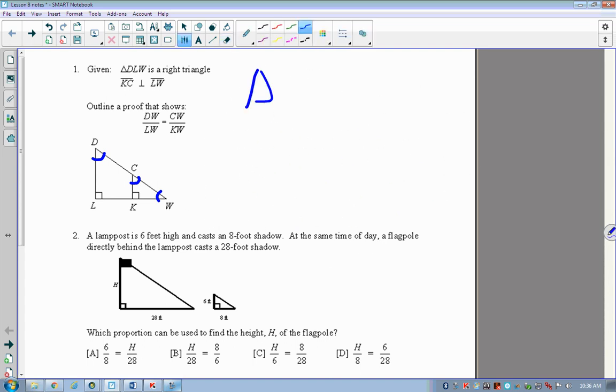we know that triangle DLW is similar to triangle CKW. And whenever I write a similarity or a congruent statement, do I have to put corresponding points with corresponding points? Okay, so D corresponded to C, L corresponded to K, W corresponded to W. We understand that.